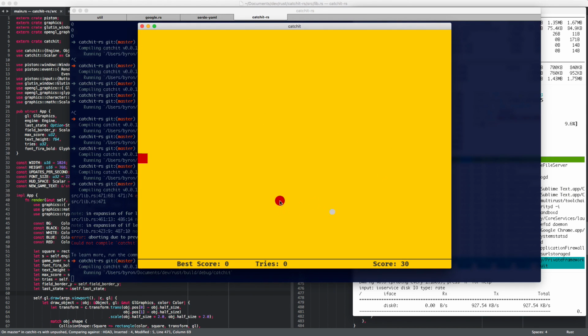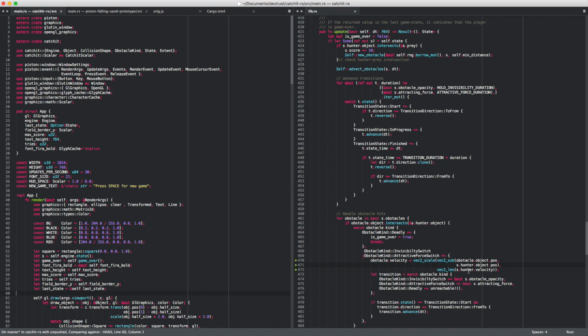It kind of works, but probably your own velocity should factor in there, huh? Not only the position. So maybe that's how you do it.